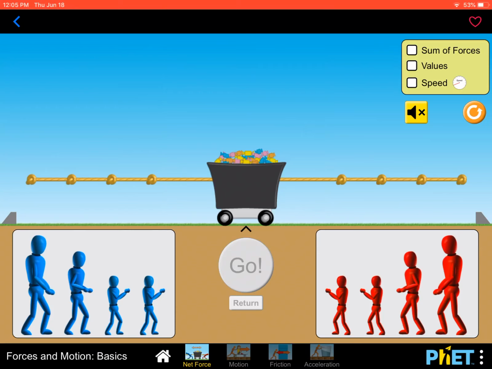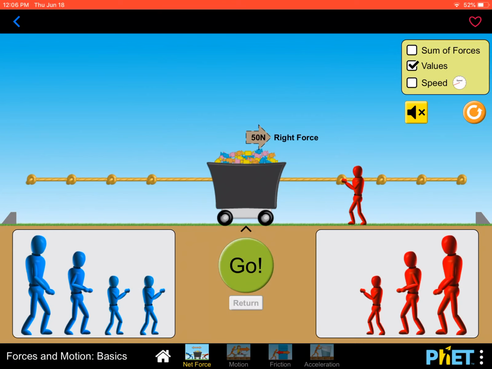Here I've got a demonstration for you, and you see I have my red team and I have my blue team, and then we have a trolley. You can see that it says force to the right, but I will just get its value, and its value is 50 newtons to the right.